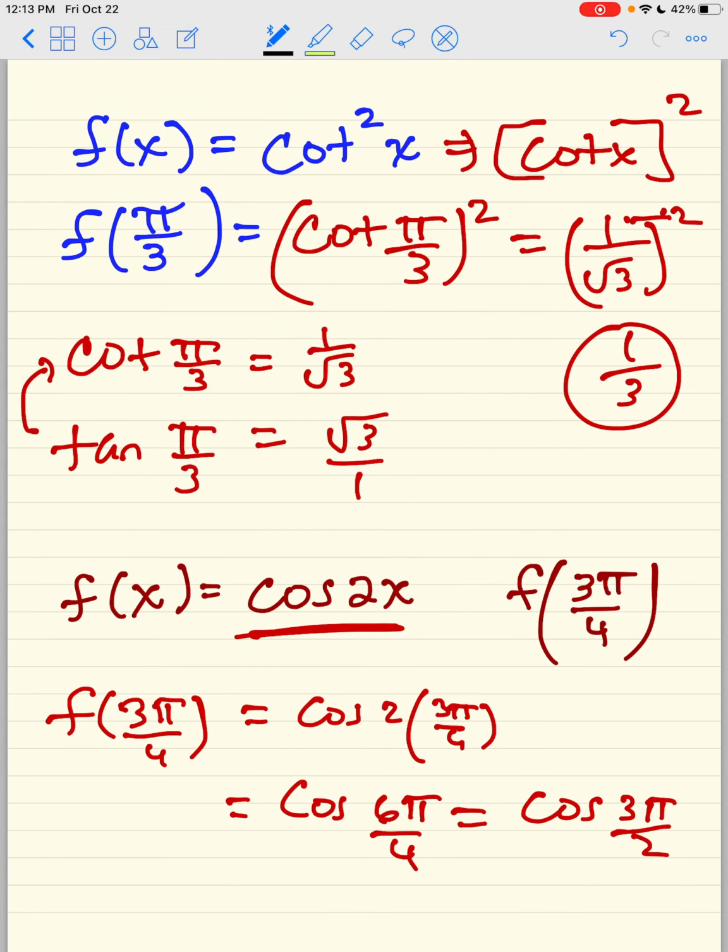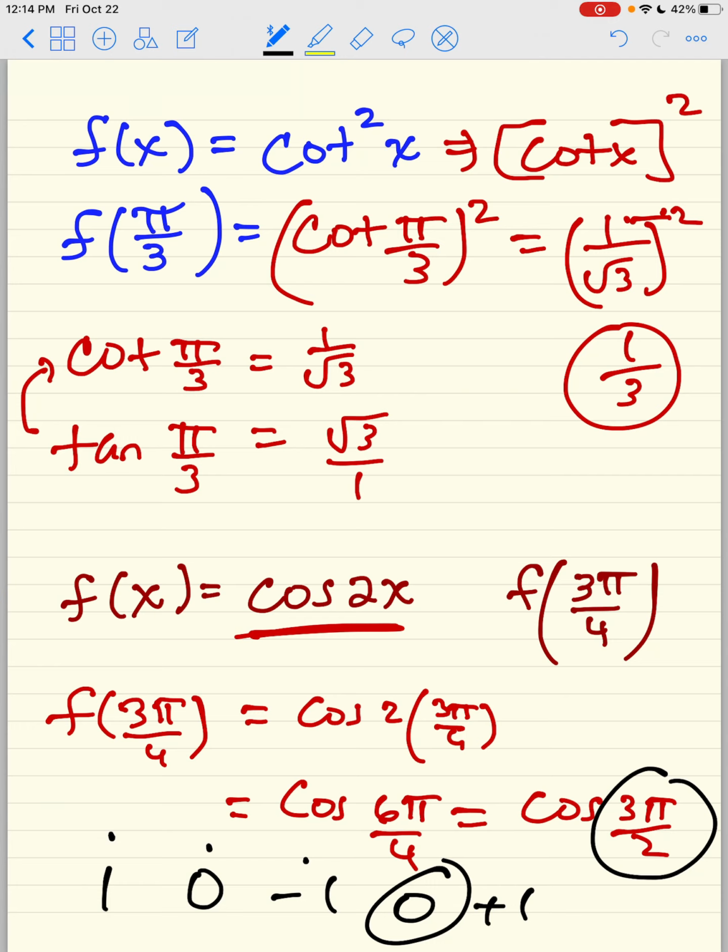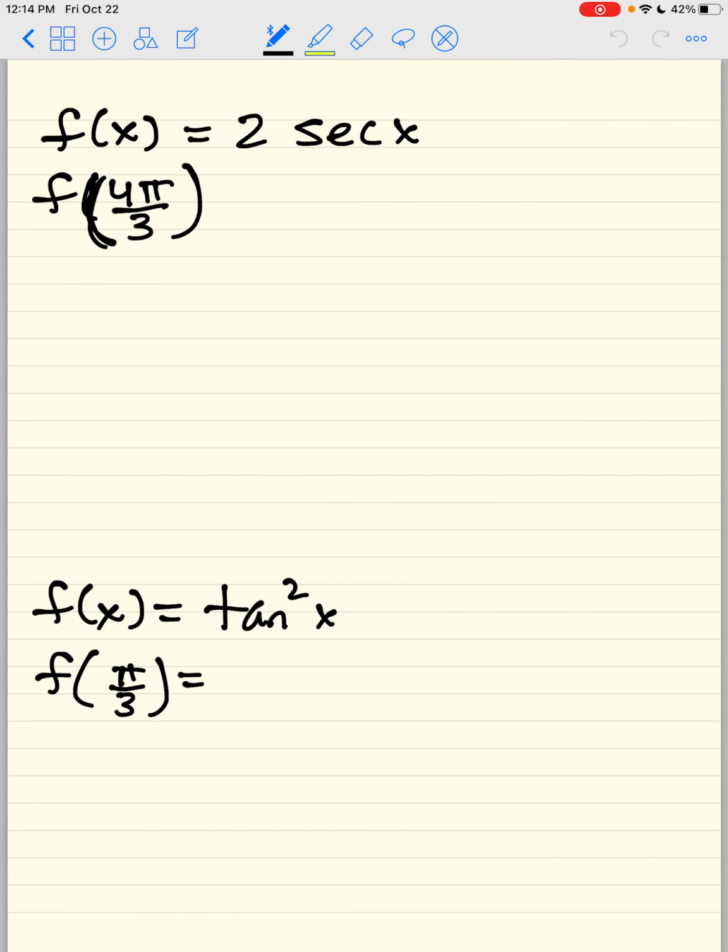Cosine begins with 1, so you're going to go 1, 0, -1, 0, 1. This is 270 degrees. That's 0, 90, 180, 270. So this final answer is 0. Okay? I do have a few more, but that's pretty much okay.